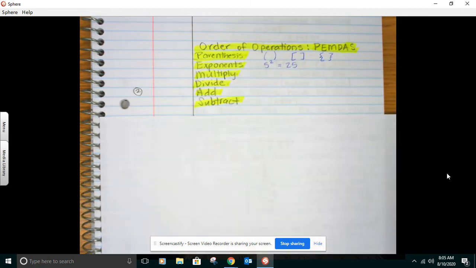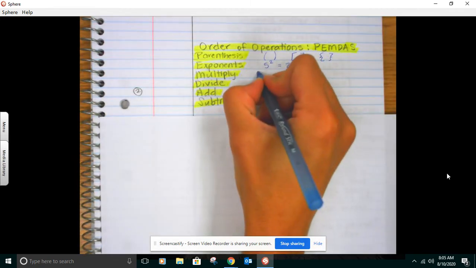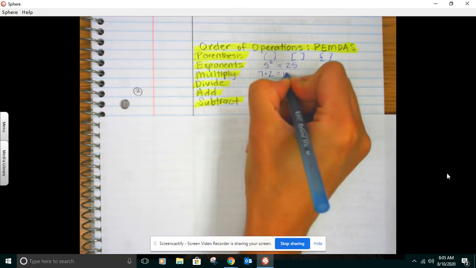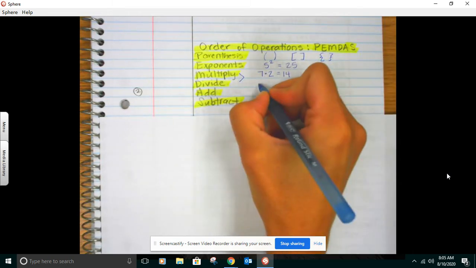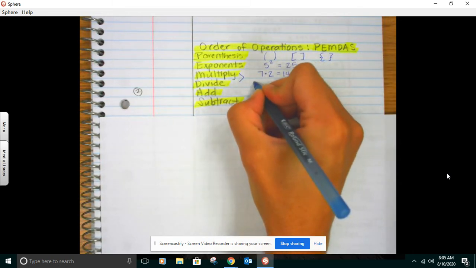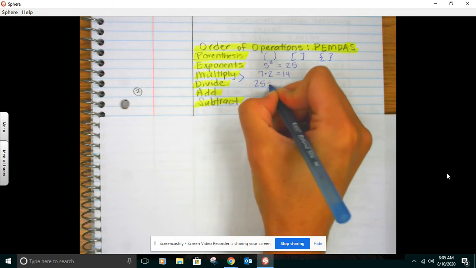So you would do exponents after you do inside the parentheses. You would multiply, which could be shown like with a dot, 7 times 2, 14. Multiply and divide from left to right. Divide, maybe like 25 divided by 5.